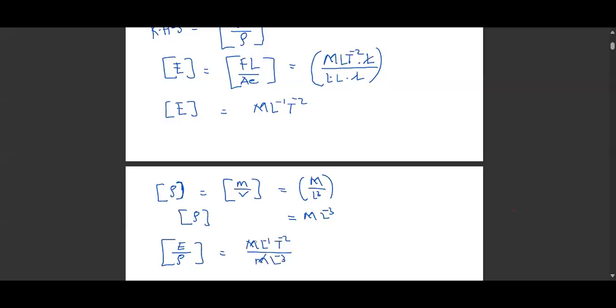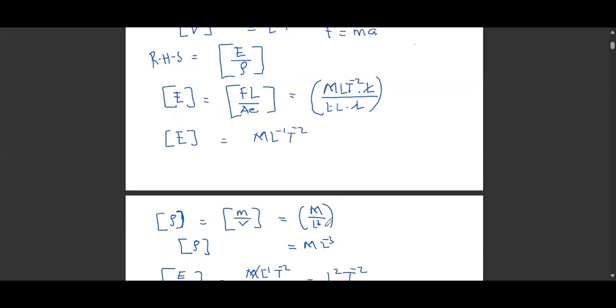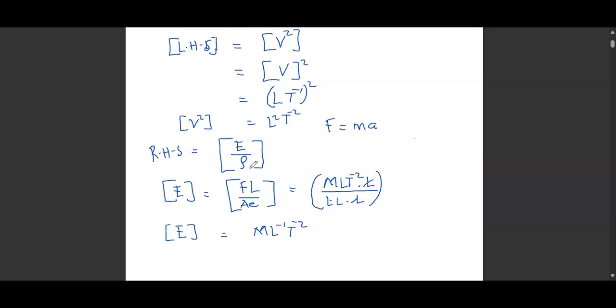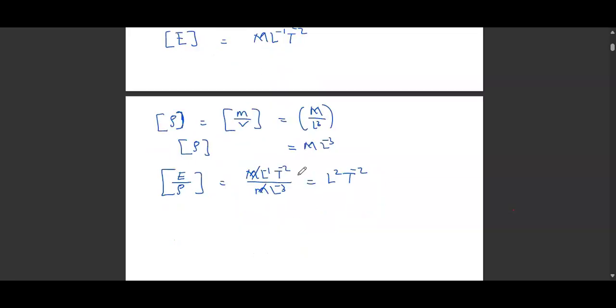If you apply indices here, we shall come up with L power 2, then T power negative 2. So if you compare our left-hand side, it is L squared, T power negative 2, and our right-hand side, it is L squared, T power negative 2. Then you come and say, since dimensions of the left-hand side are equal to the dimensions of the right-hand side.